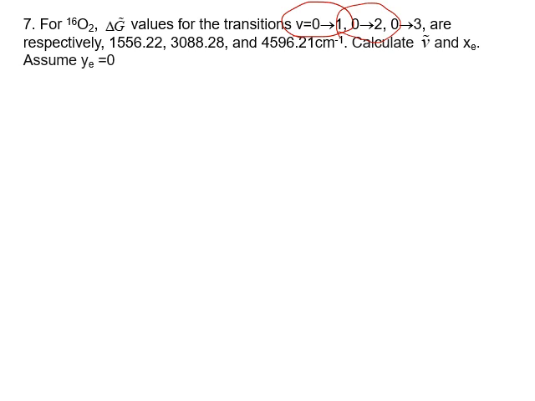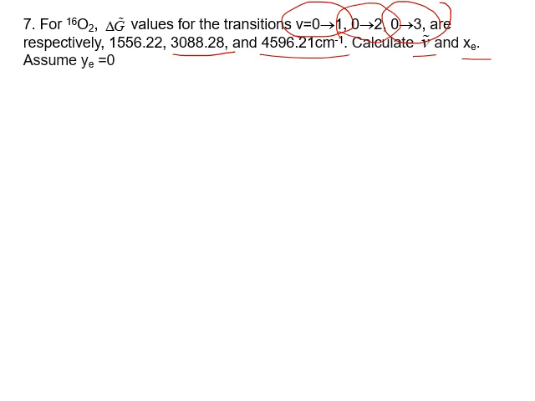So delta v is not 1, but 2. Even though it's weak, you can still measure that, and that's this number. And the second overtone, 0 to 3, is also very weak, but you can still see it. So using these numbers, we want to calculate the natural frequency of the vibrator and the anharmonicity constant.